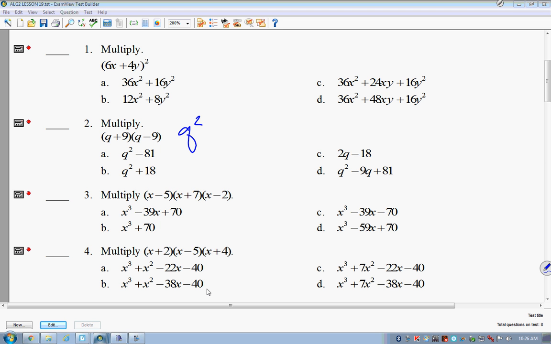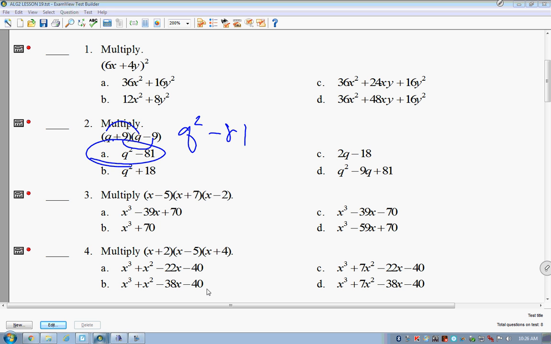Q squared, and what's last? Negative 81, okay? Q times Q, and positive 9 times negative 9. And you'll always end up with a variable squared minus a perfect square. Okay? We got it? Sweet.